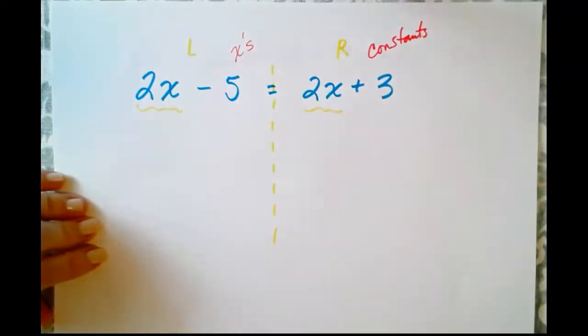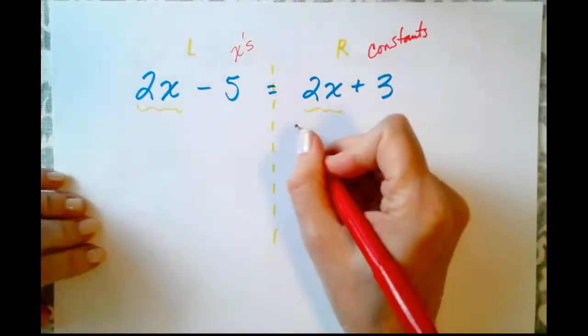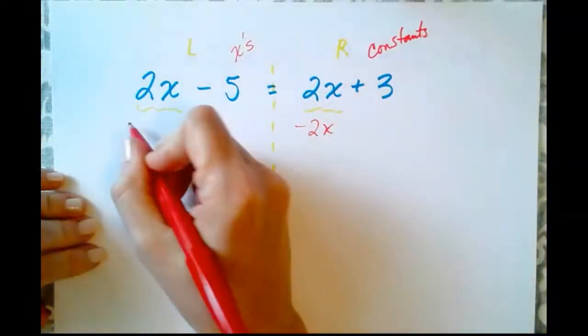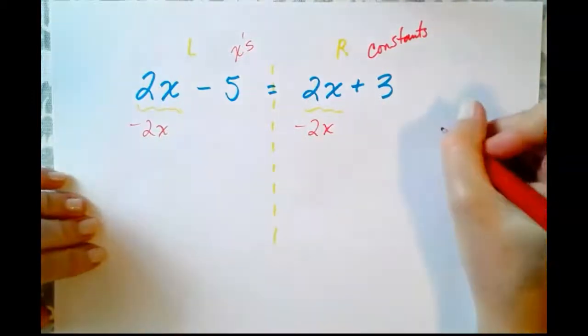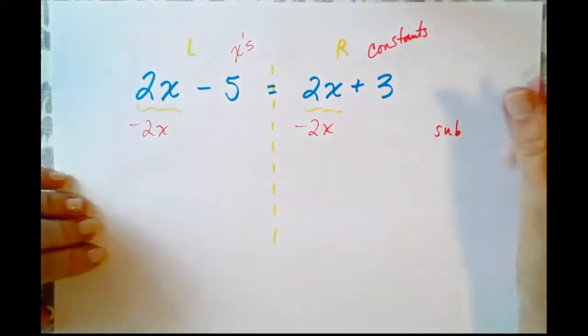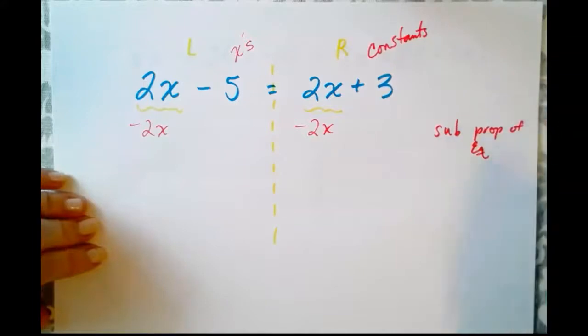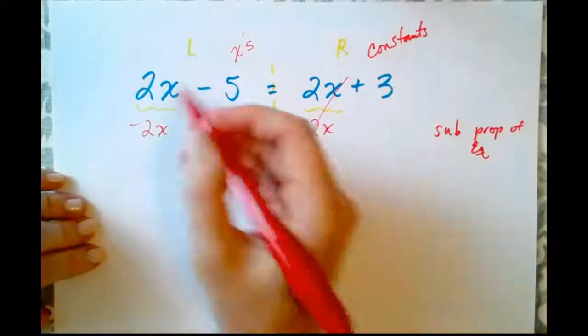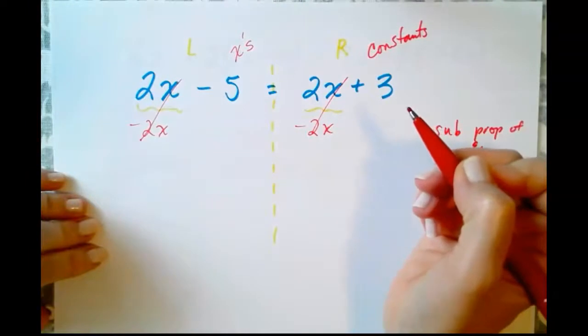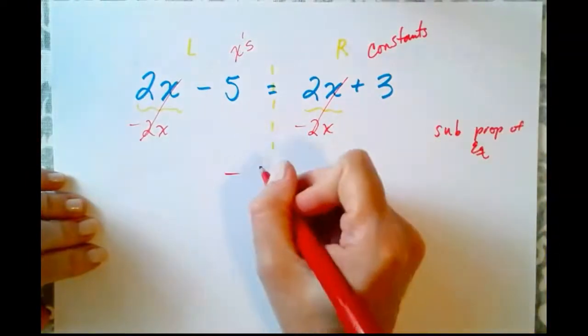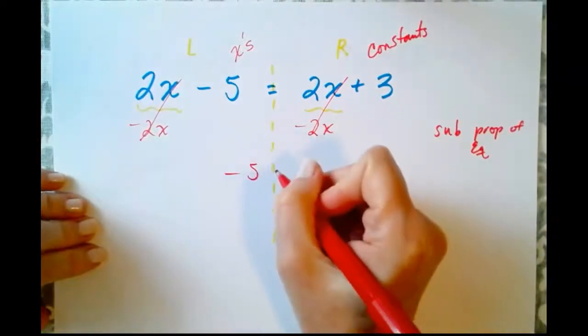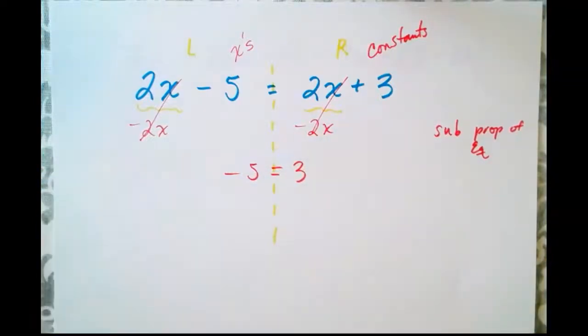So we end up taking 2x away from both sides, and that's of course by the subtraction property of equality. If we take 2x away from both sides, we end up with simply -5 = 3, which is what we saw when I just covered it up with my fingers.